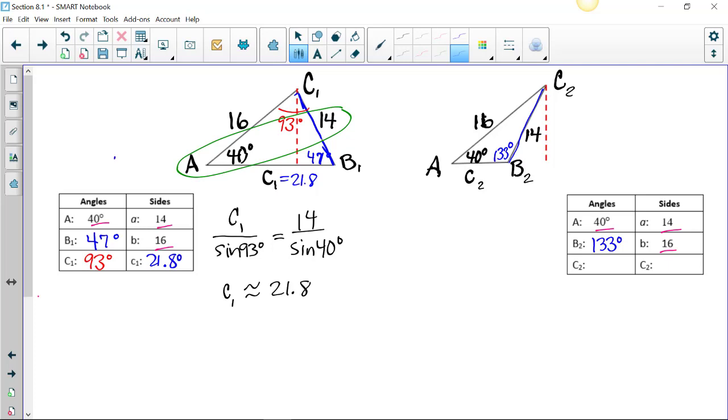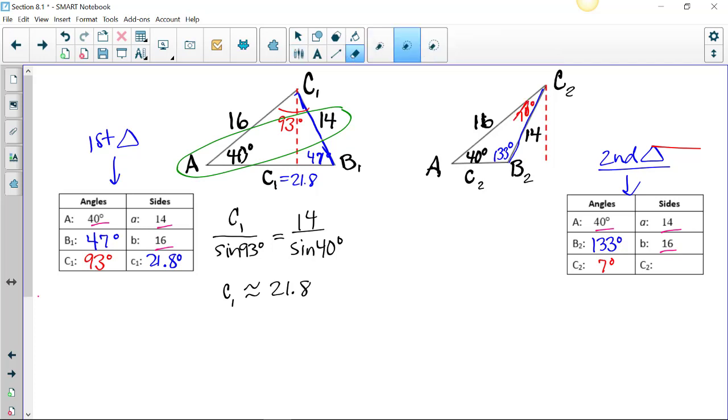And then I like to summarize it. This is my first triangle. Then you just go over here to triangle 2 and do the same kind of procedure. Finish solving. So this angle is going to be 7 degrees, which we know it had to be really small. Whoa, 7.